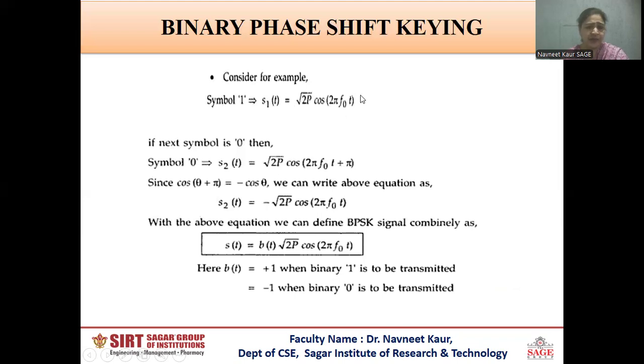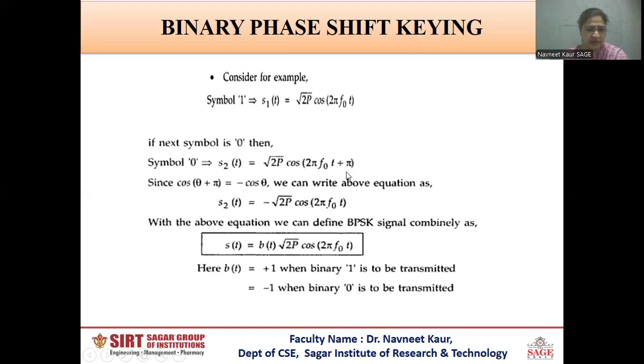So here we can see the difference between these two equations. Here, the carrier signal is represented by cos 2 pi f naught t. But when the symbol changes to 0, the carrier signal is cos 2 pi f naught t plus pi. That means there is an addition of 180 degrees in the phase. Now we know that cos theta plus pi is minus cos theta.